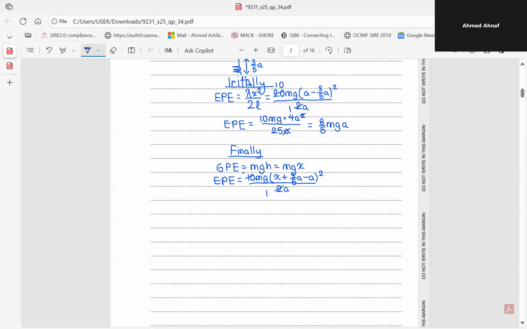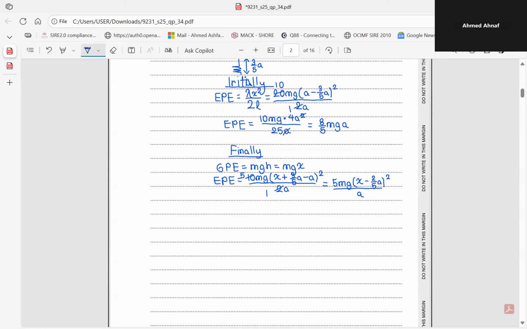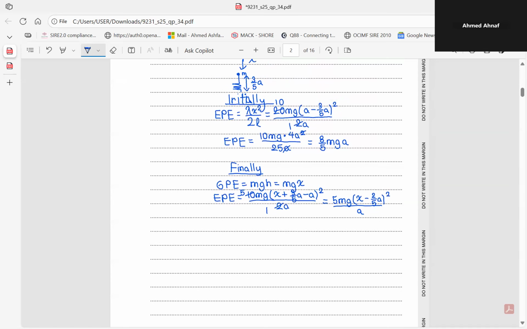So this cancels out, 5 mg a, then you get 5 mg, and then 3 over 5a minus a, you get x minus 2 over 5a, whole thing squared over a. So this is our total final energy.